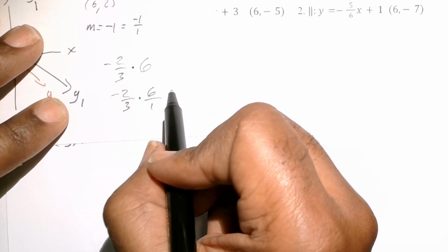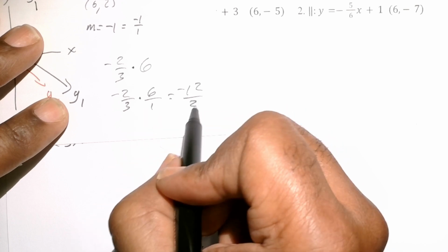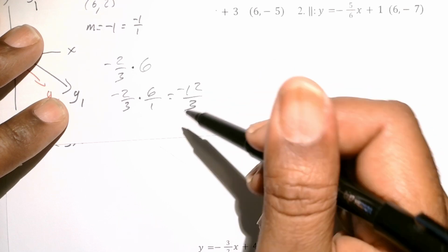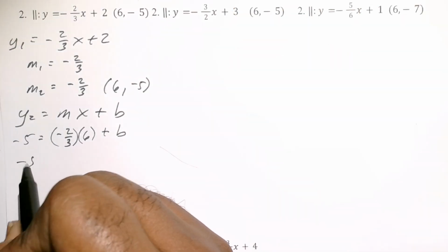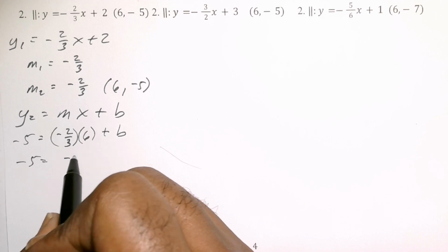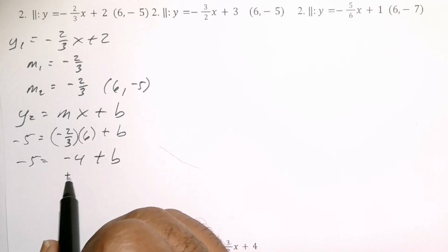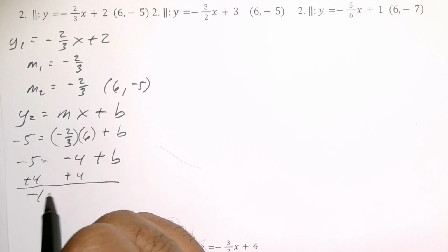So negative 2 times 6 is negative 12, and 3 times 1 is 3. And negative 12 divided by 3 can be simplified to a negative 4. So let's put in the negative 4 here, and then we'll solve for b. Plus 4 plus 4, and we get negative 1 equals b.